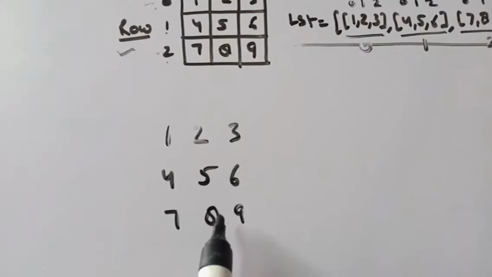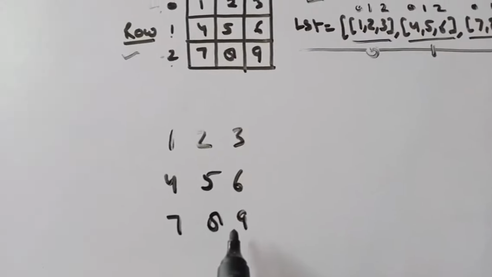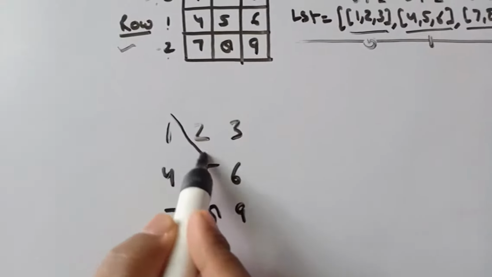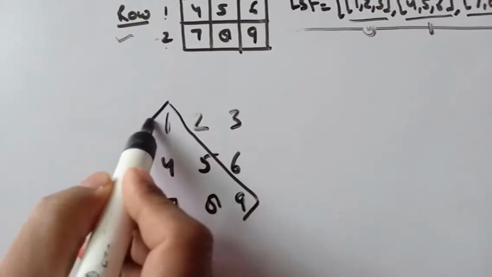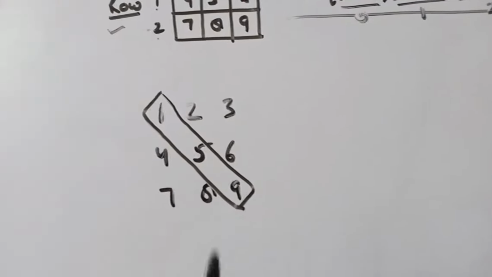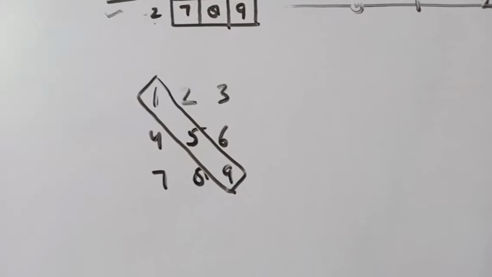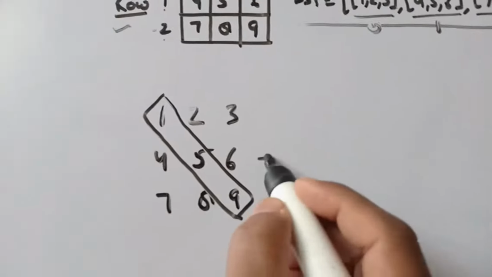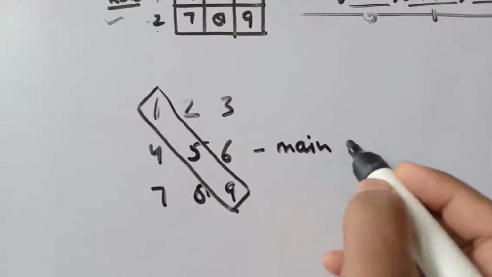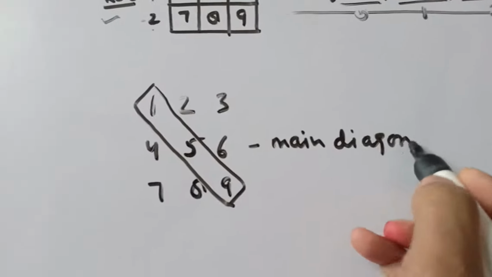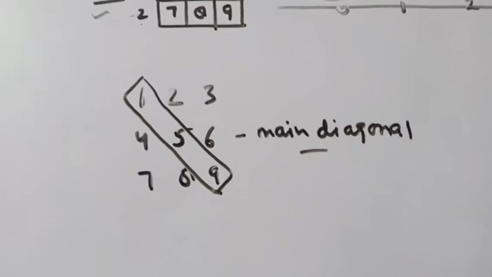I told you in the previous video how to display the matrix and how to create a two-dimensional list. Look at this. My need is to print the values which lie on the main diagonal of this matrix.